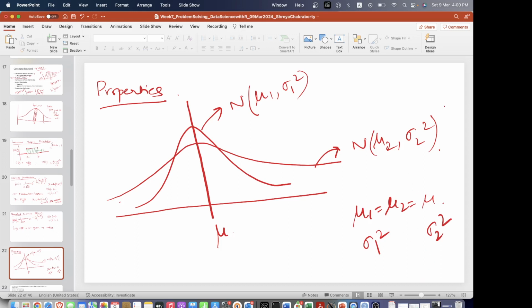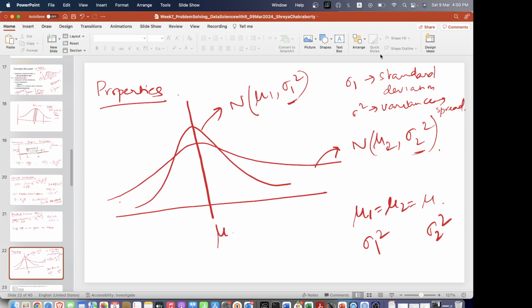So what does sigma1 or sigma2 imply? Sigma is the standard deviation and sigma squared is the variance, which is a measure of spread.